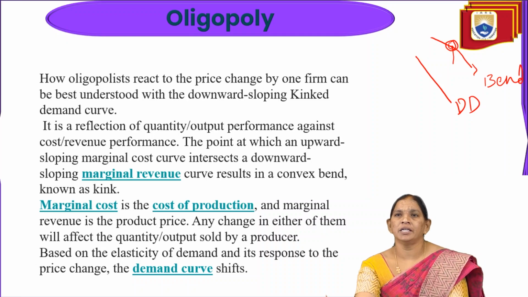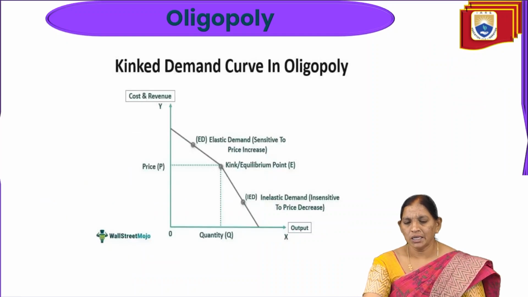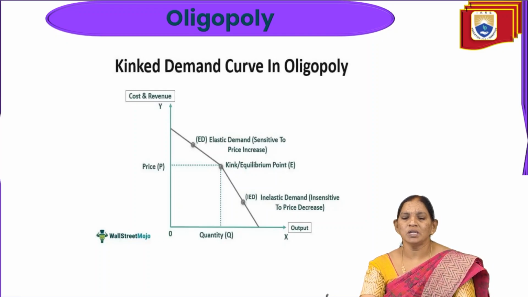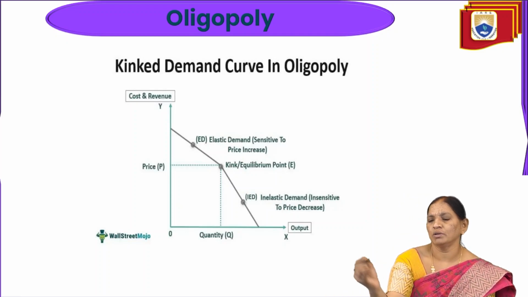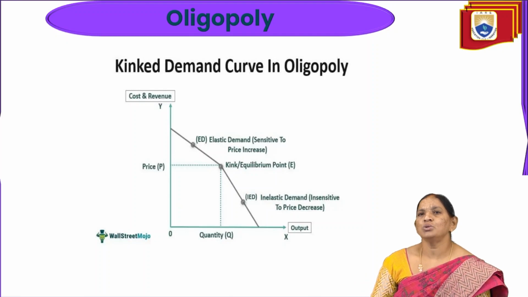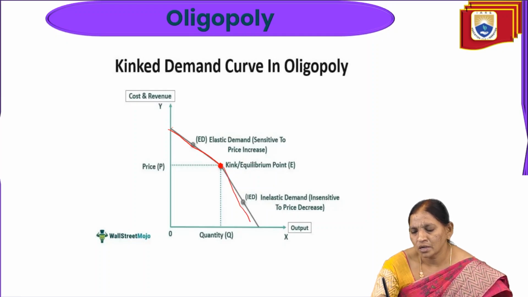So how this downward sloping kinky demand curve is reflected, we'll see in the reflections of quantity and output against cost and revenue performance. The kinky demand curve you can identify in the figure, as we take price, cost and revenue on the y-axis and the quantity on the x-axis. Where you can identify the downward sloping of this curve, you get a kink here, and after that it comes down.